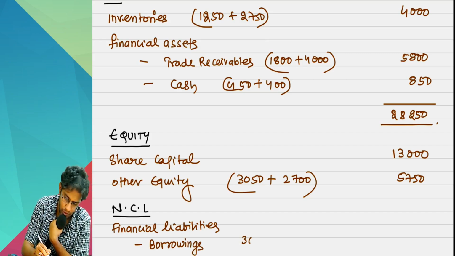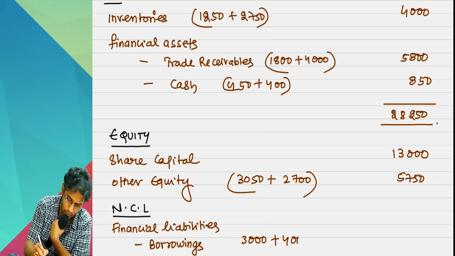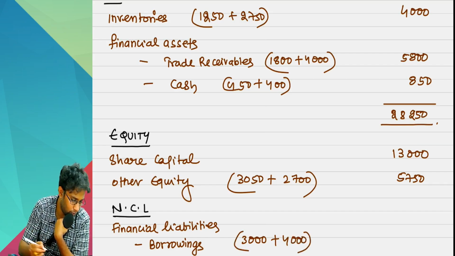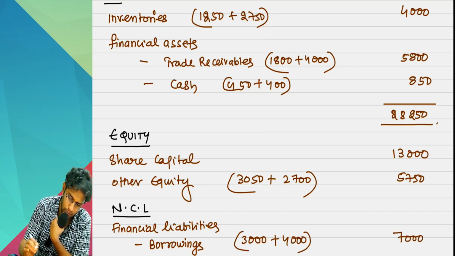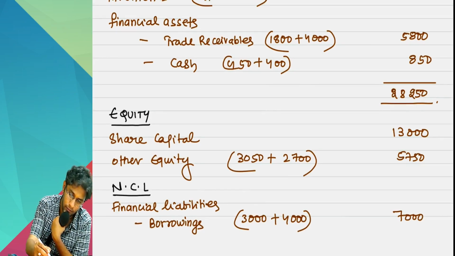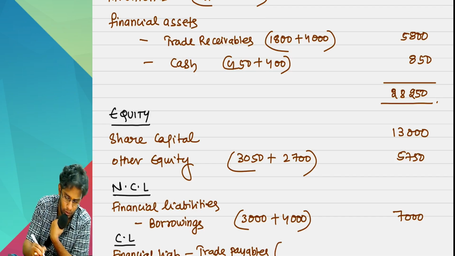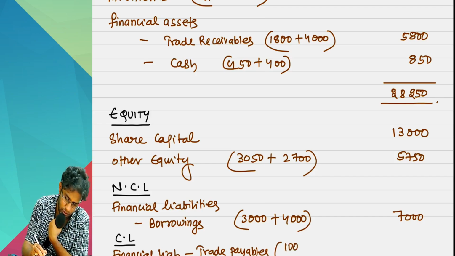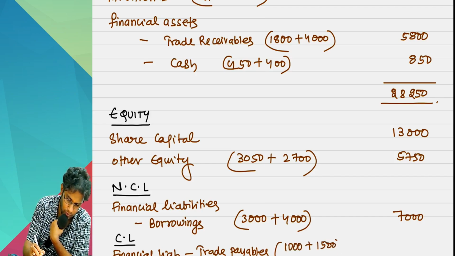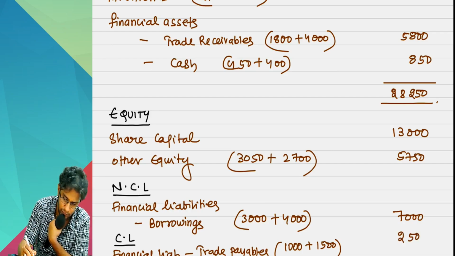Borrowings. Current liabilities. Financial liabilities. In that also only one item you have. Trade payables. 1,000 plus 2,000.